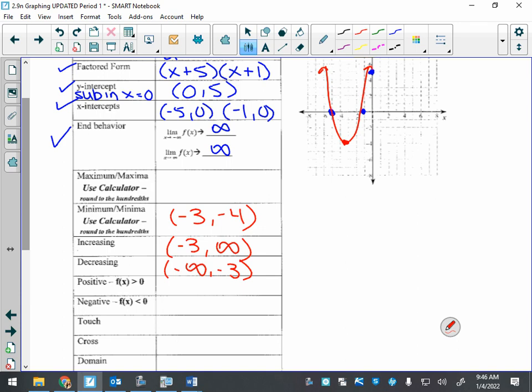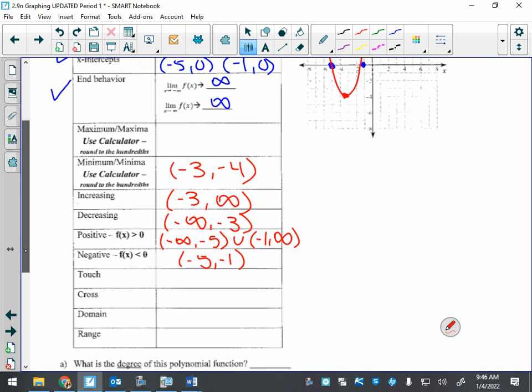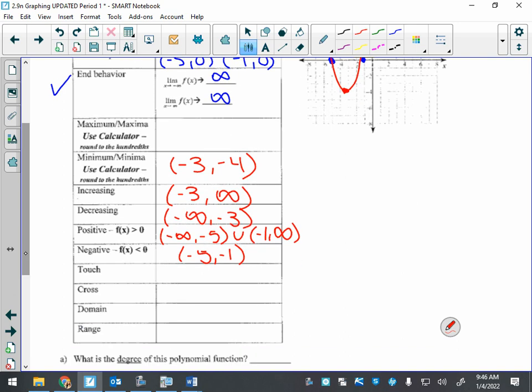What are my intervals of positive? Where am I positive? Campbell? Perfect. Excellent for remembering the U. Good job. Where am I negative? Yeah, Kaden. Good. Does this graph touch, like bounce off the x-axis at all?